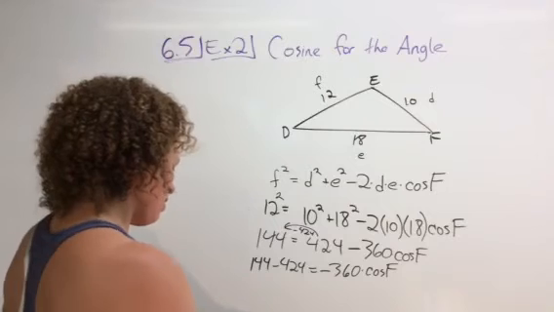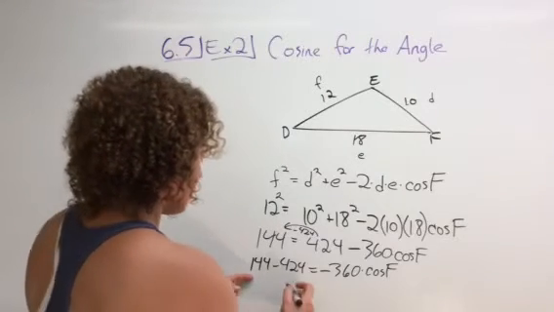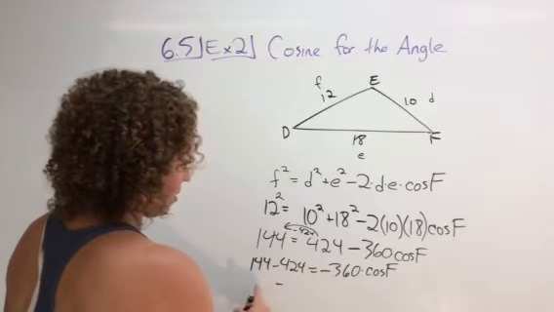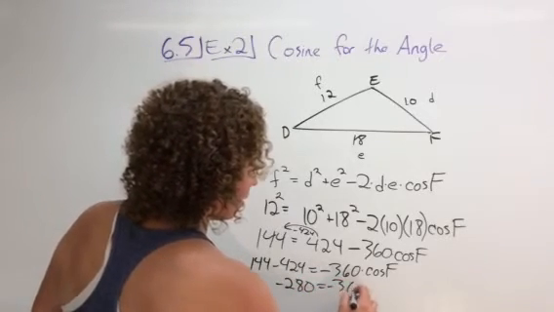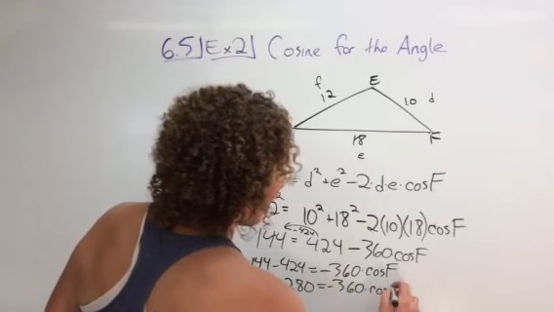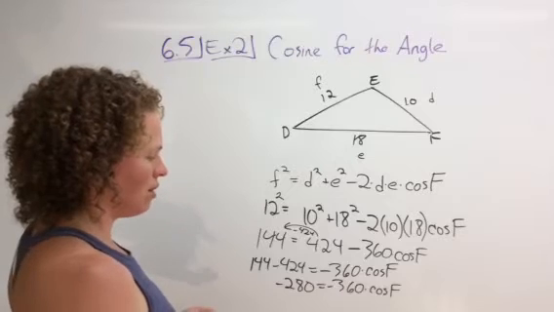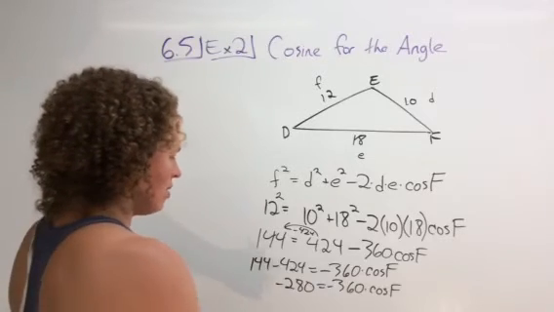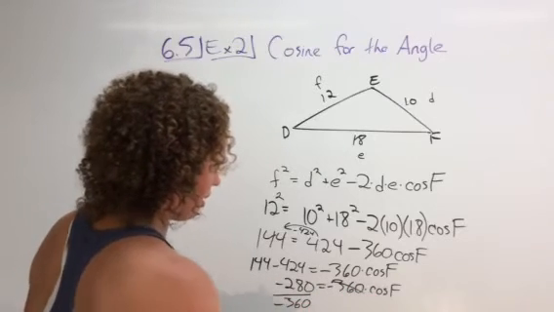Well, that's all right. So I'm going to subtract, and obviously this is going to be a negative because you can't take that from that without going into debt. So now I've got negative 280 equals negative 360 cos F. This is now the only thing left to do, and so it needs to be divided. So I'm going to divide by negative 360 over here, get rid of that.